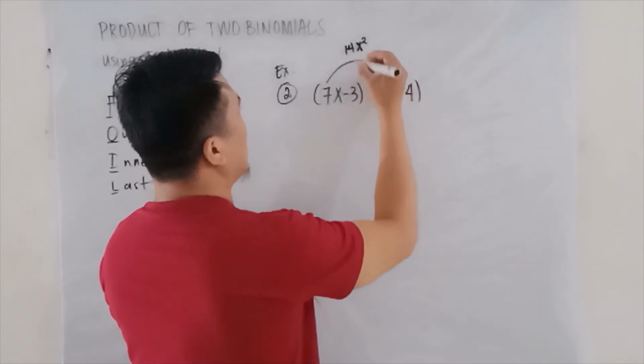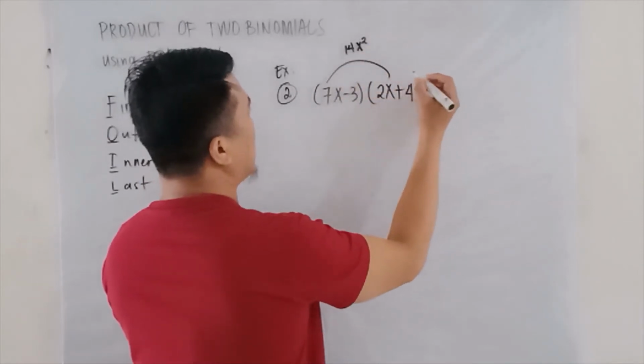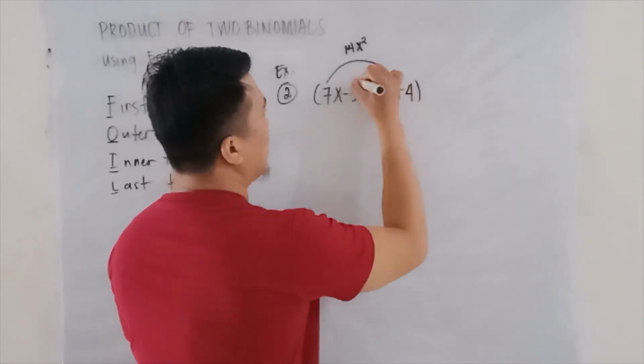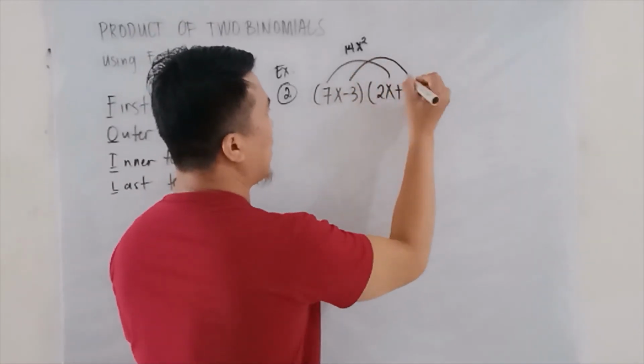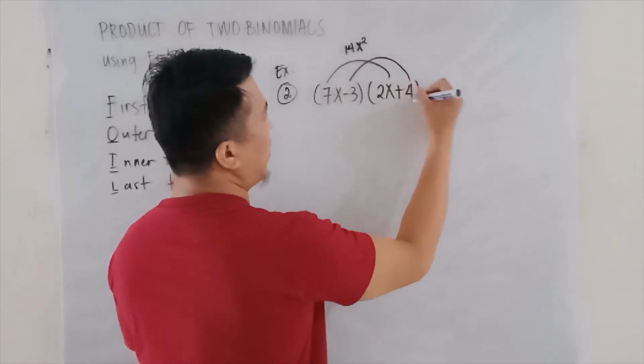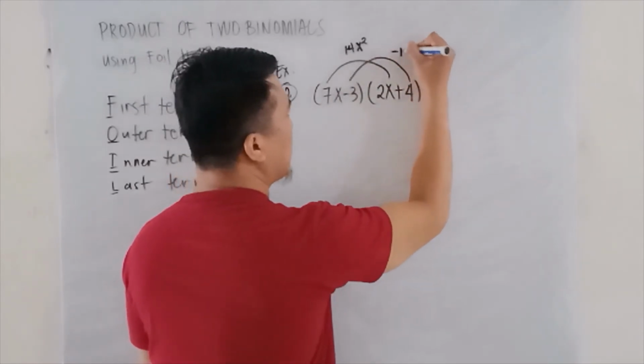Next is our outer term. So we have negative 3 times 4. Negative 3 times 4 is negative 12.